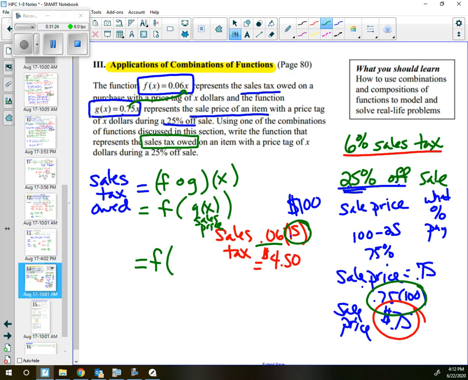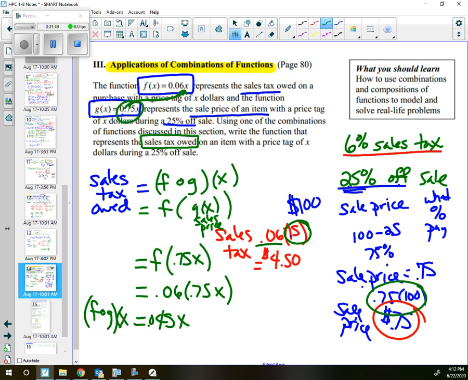So we'd be doing F of 0.75 times X. So I'm going to replace in the function F, I'm going to replace this for the X. So I take 0.06 times 0.75 times X, which is going to give me 0.045 times X. That would be F composed with G.